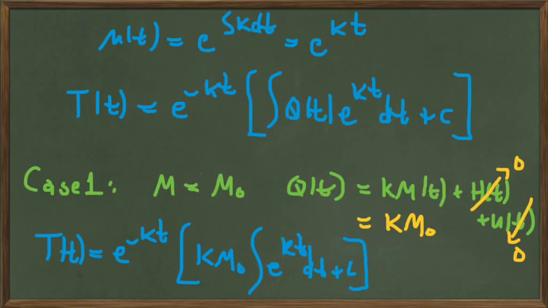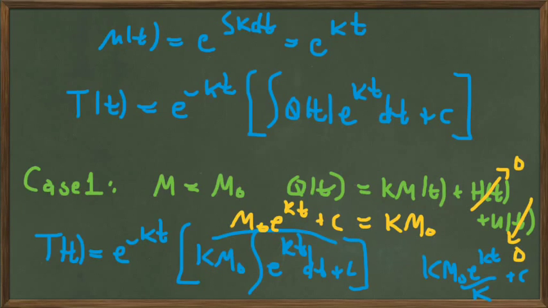What is in the brackets becomes what? k M0 times e to the kt over k, and that is just plus c. And so what's in the brackets becomes just M0 e to the kt plus c.